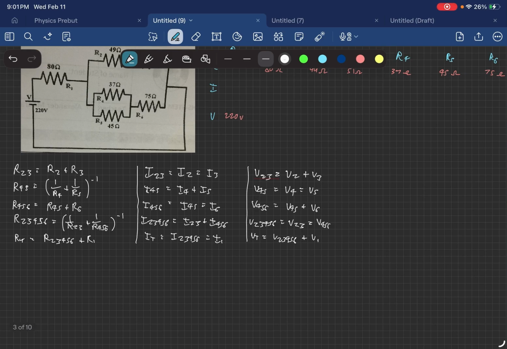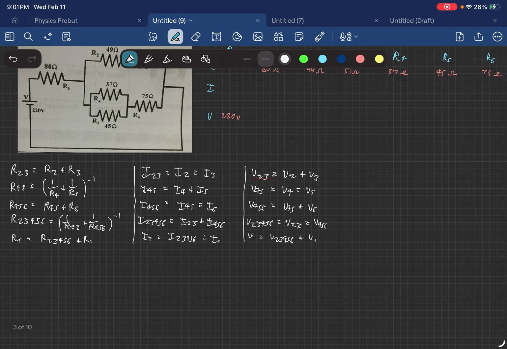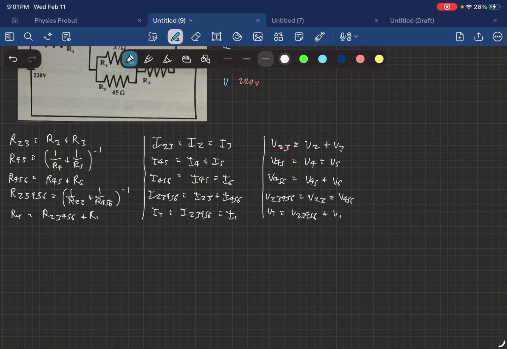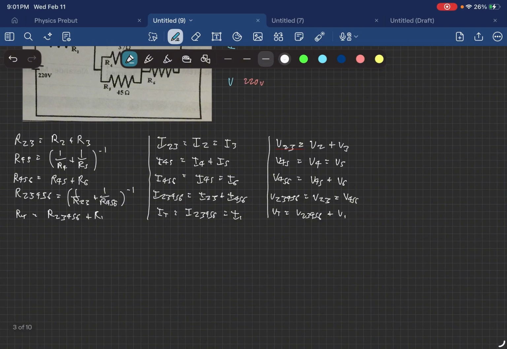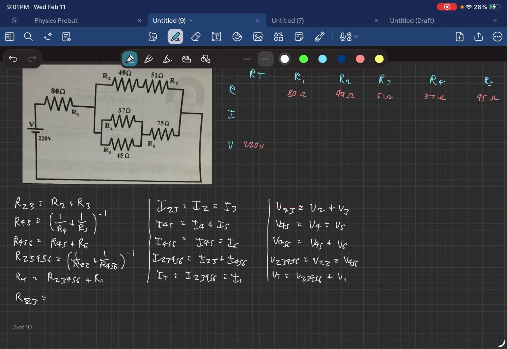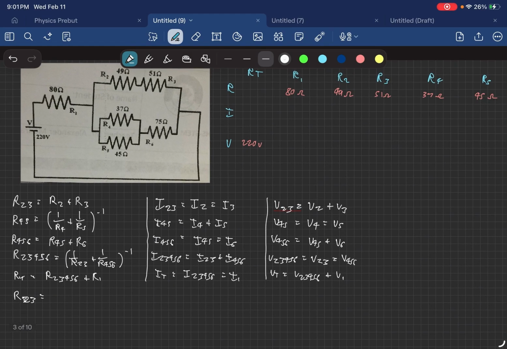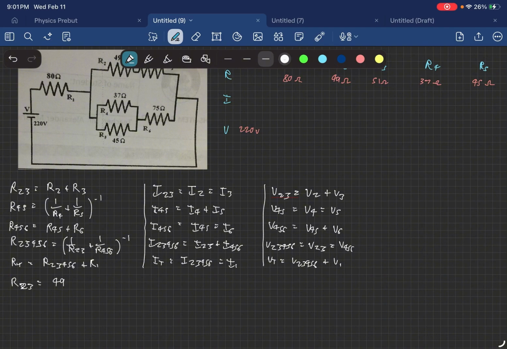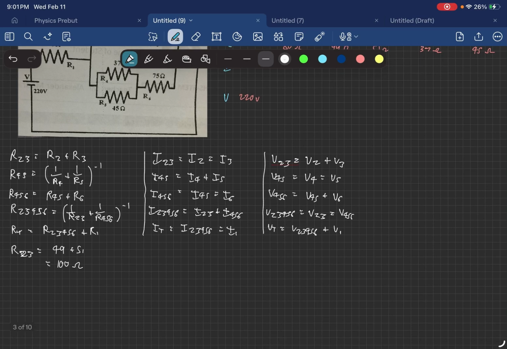Now, this is the fun part because we solve. R23, what is that equal to? R2 plus R3, 49 plus 51 ohms. That'll give you 100 ohms. Next, R45 is equal to 1 over, what is our R4?